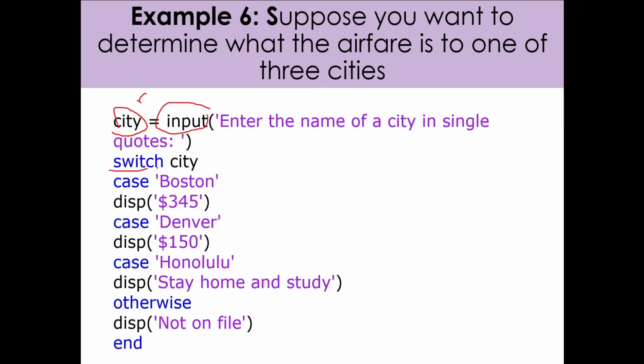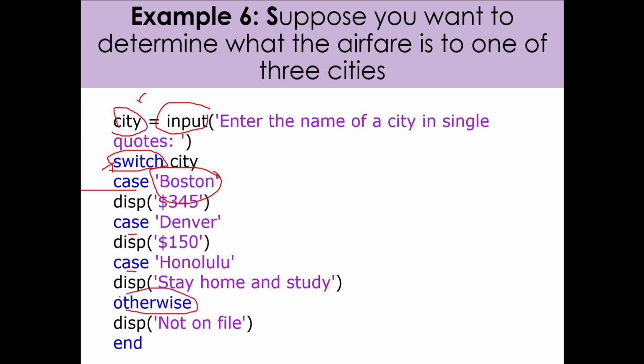And then we want to use the switch case structure. So you start with the word switch, and then this is for case option. Here we have three case options: case Boston, case Denver, and Honolulu. These are the three cities that we want to display the airfare price for.